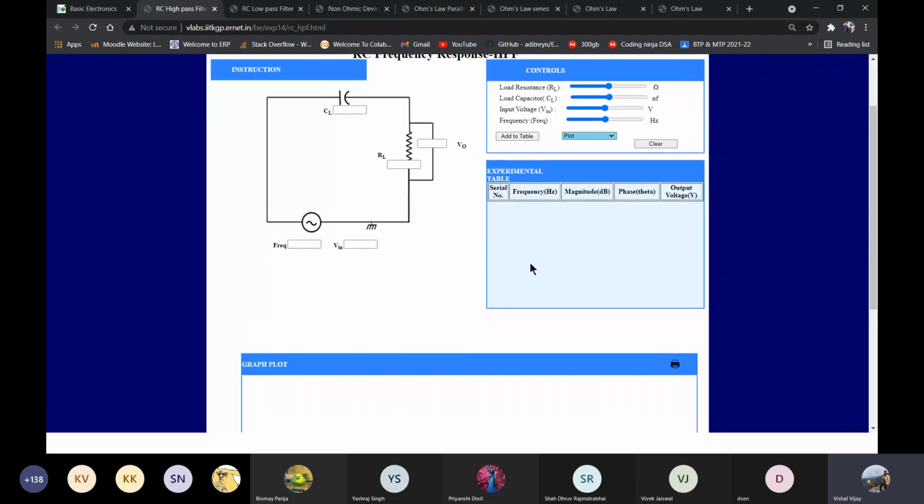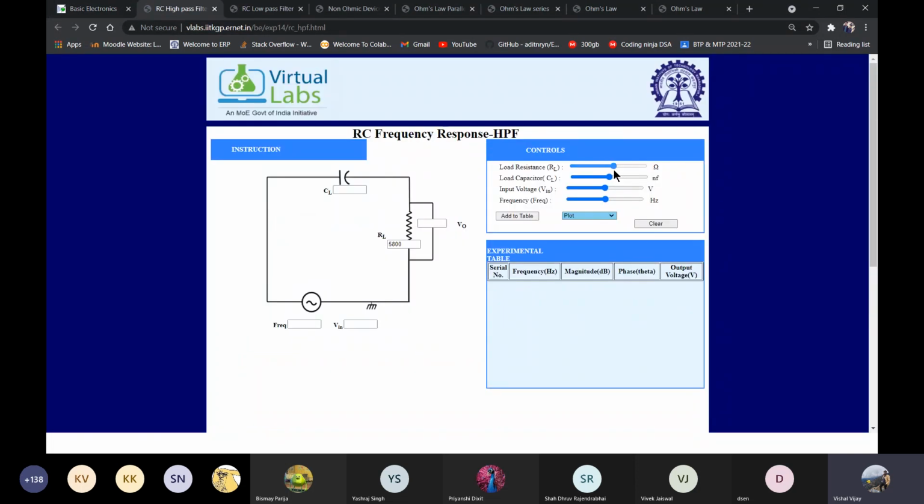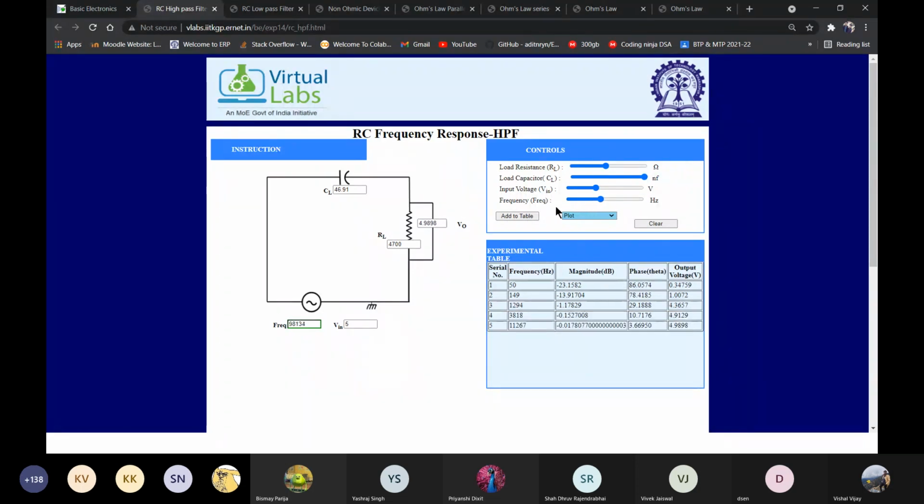And then our high pass filter, I'll take the same frequency, plug in the voltage, and just add the different values to the table. In this, you can see the magnitude is minus 23 dB. That is much more than our previous low pass filter.